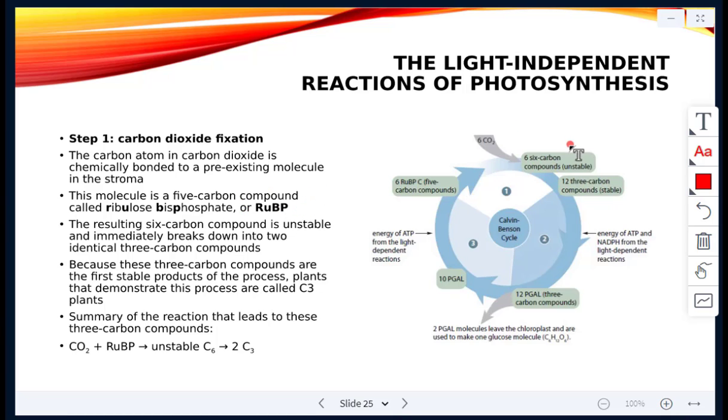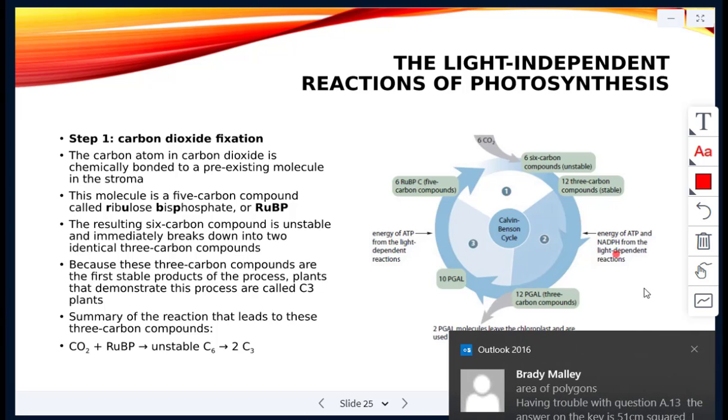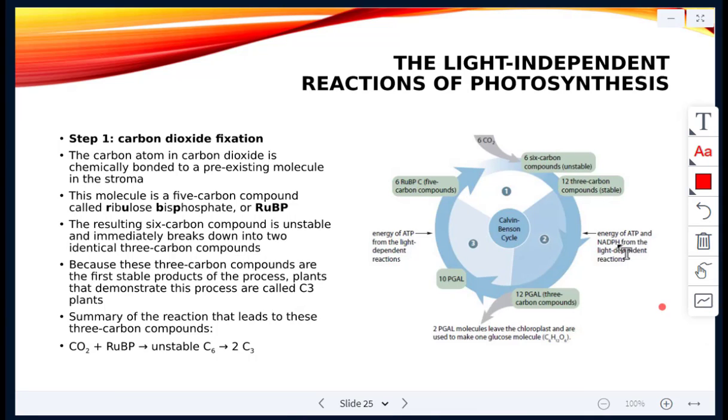The resulting compound is a 6-carbon compound, and it's very unstable. It will immediately break down into 2 identical 3-carbon compounds. All right, so 2 of them.